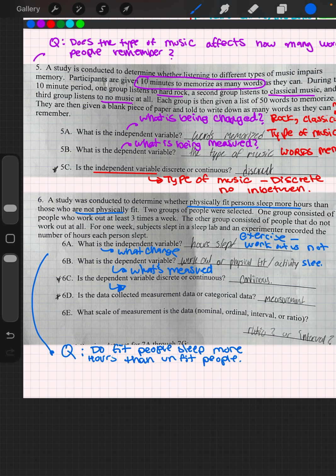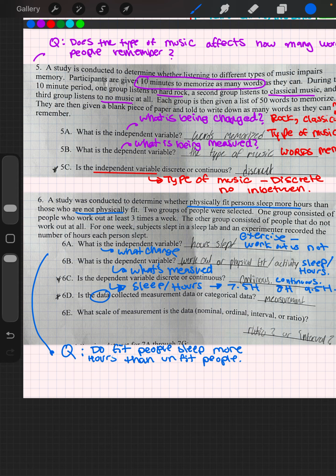So hours. Is dependent continuous or not? If the dependent value is sleep or hours, it is going to be continuous because you can have 7.5 hours of sleep, 8 hours of sleep, or 9.5 hours of sleep. So continuous.